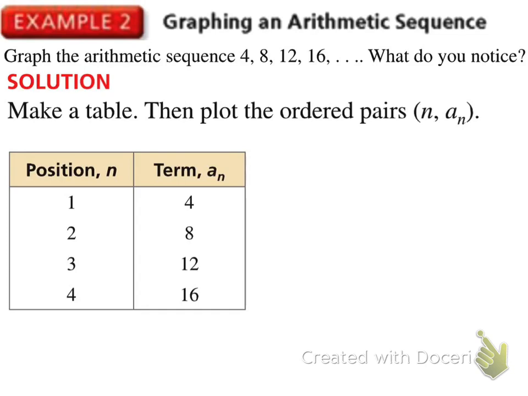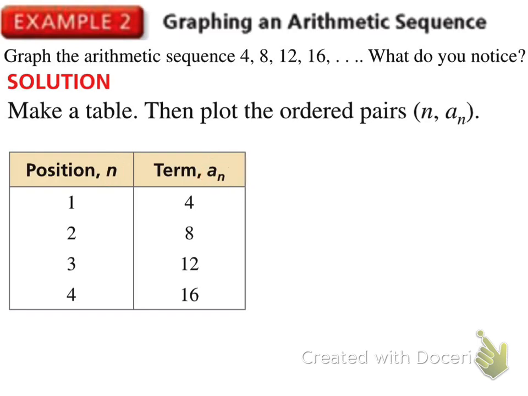Now, we call the position n. We're calling this n. And we call the term a sub n. Because I could say a sub 50, that means the 50th term. Does that make sense?